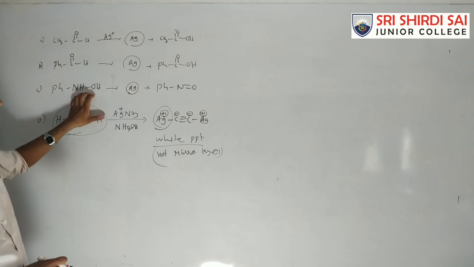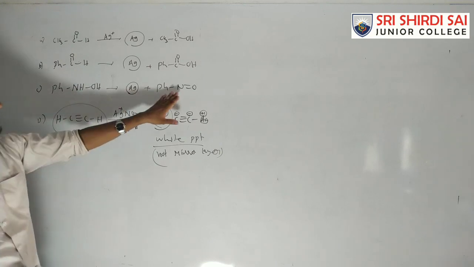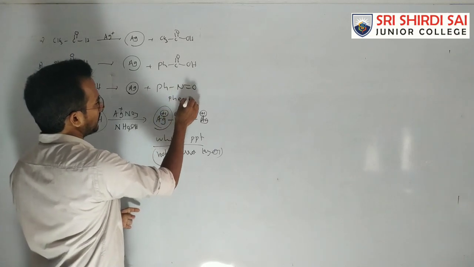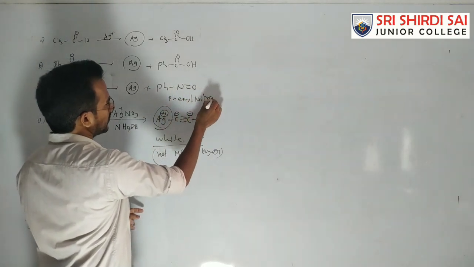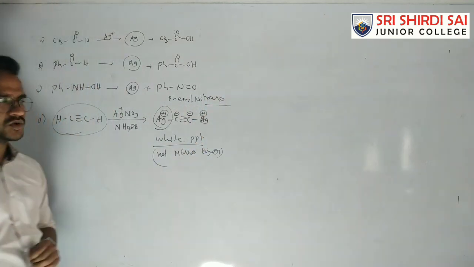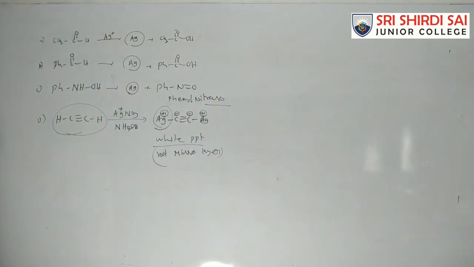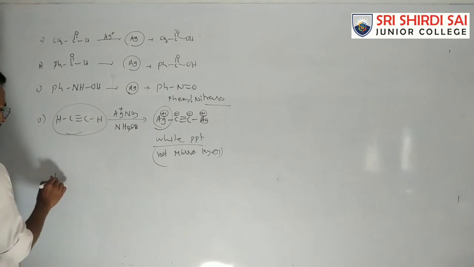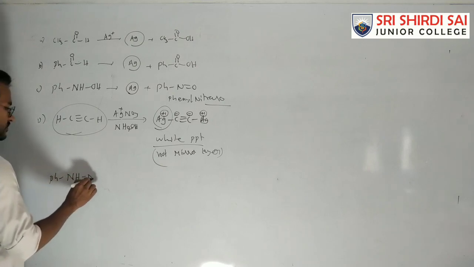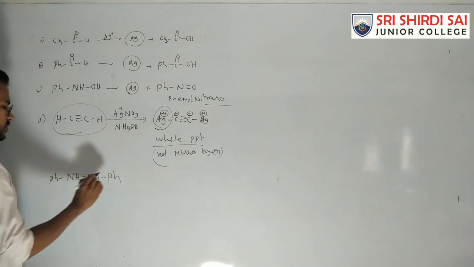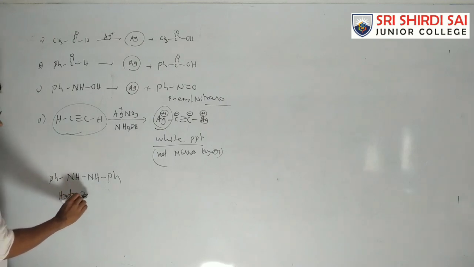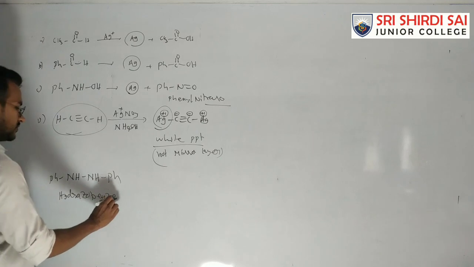Additionally, hydroxylamines also react with the Tollens reagent and produce a nitroso compound. It is a phenyl nitroso compound. It is a hydroxylamine. And next, phenylhydrazine, this is the hydrazobenzene.